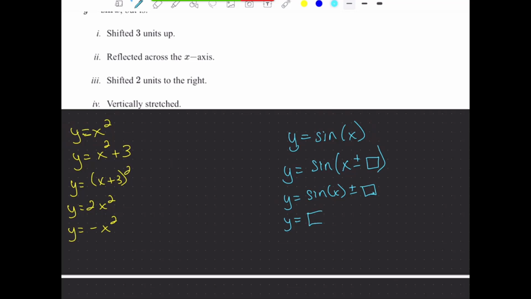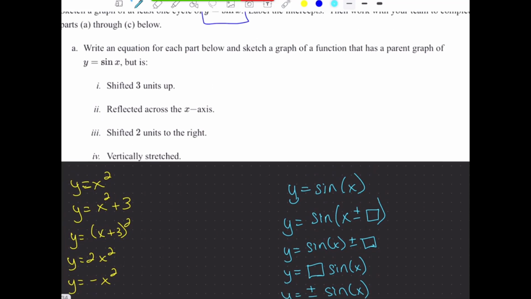Put a number or put something out front and see what that does to the graph. And do a positive and a negative out front of the sine, right? So if you can define what each one of those does, then you'll be able to answer these little questions.